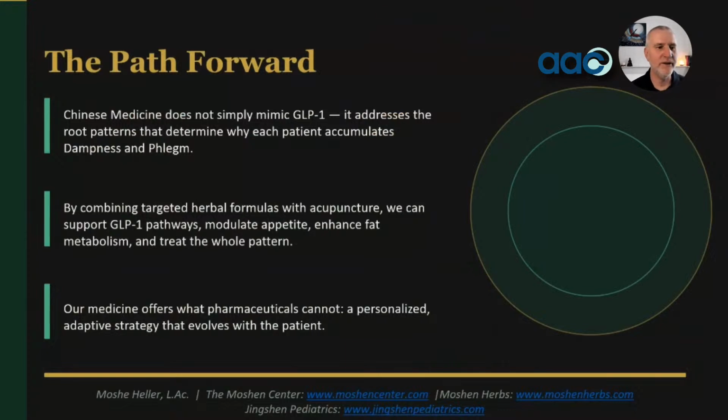So I'll conclude here. I want to say that Chinese medicine is not a simple mimic of GLP-1. It addresses the root patterns that determine why each patient accumulates dampness and phlegm or has other imbalances and different patterns that cause them to end up with too much fat or metabolic syndrome, etc. So careful diagnosis is always important.